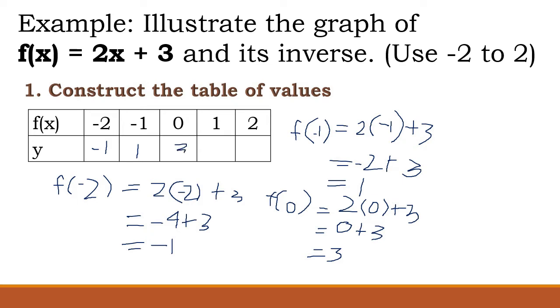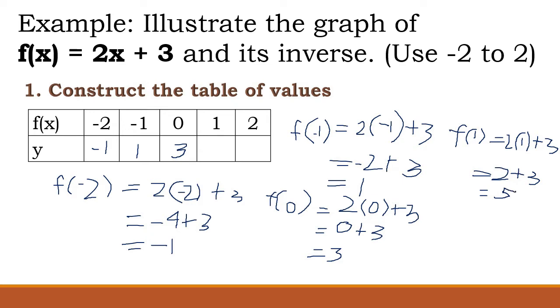So if x is 0, then y is 3. Next, for f of 1, f of 1 is equal to 2 times 1 plus 3. So 2 times 1 is 2 plus 3, which is equal to 5.